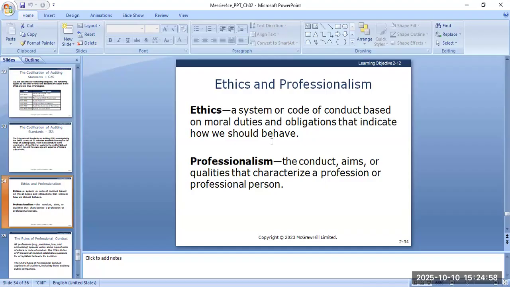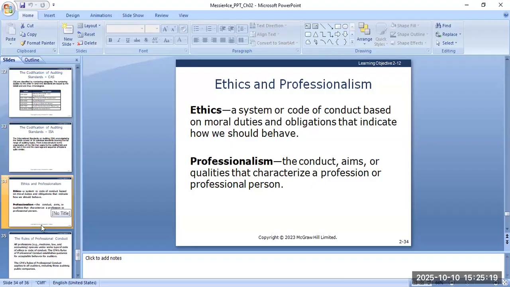Based on the situation we are in, there will be different ethical standards. Professionalism is the conduct, aims, or qualities that characterize a profession or professional person.